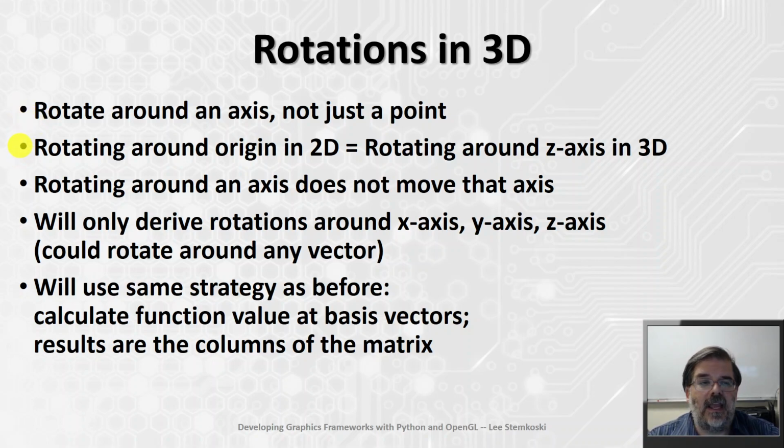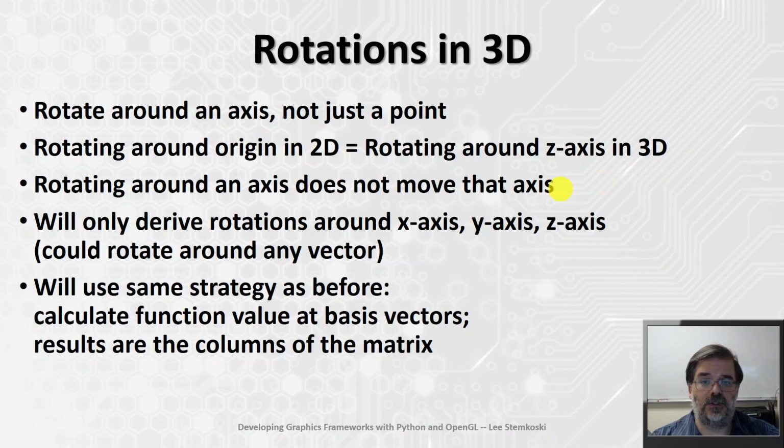And it turns out, if you think about 2-dimensional space, the xy plane, you could think of that as being embedded in 3-dimensional space. The xy plane is the set of points where z equals 0. So you could think of rotating around the origin, rotating in this direction, as rotating around the z-axis. So the work we did in 2 dimensions actually turns out to be helpful for calculating a rotation in 3 dimensions.